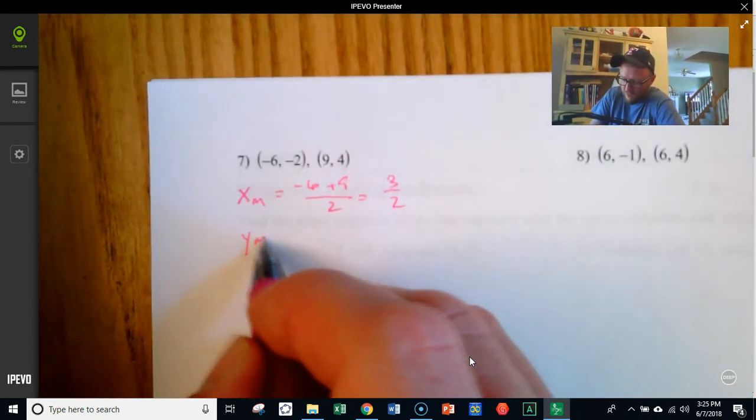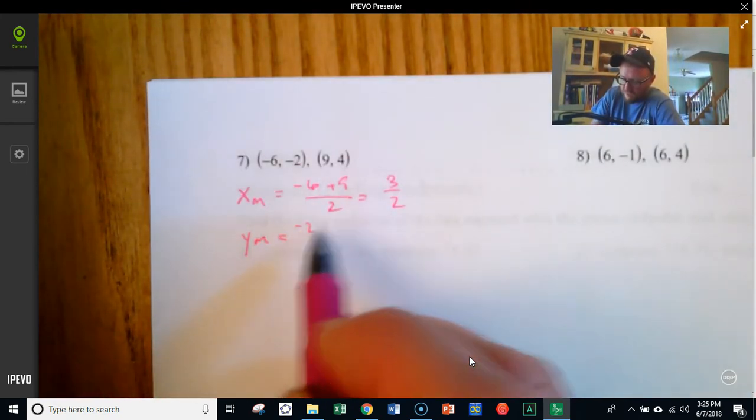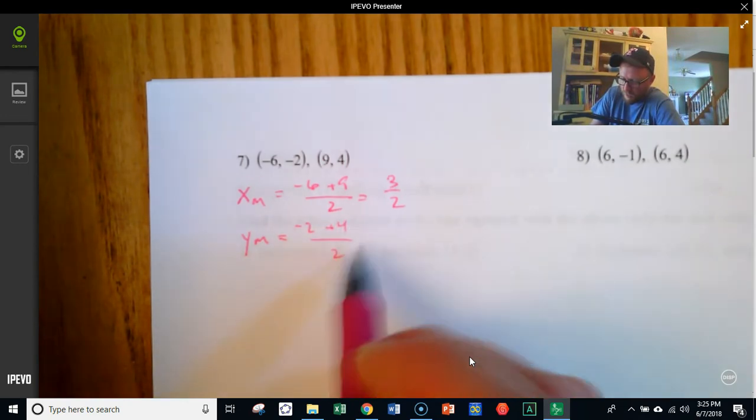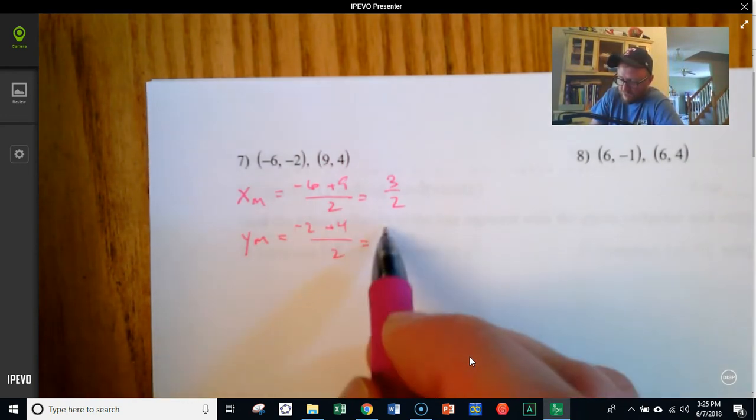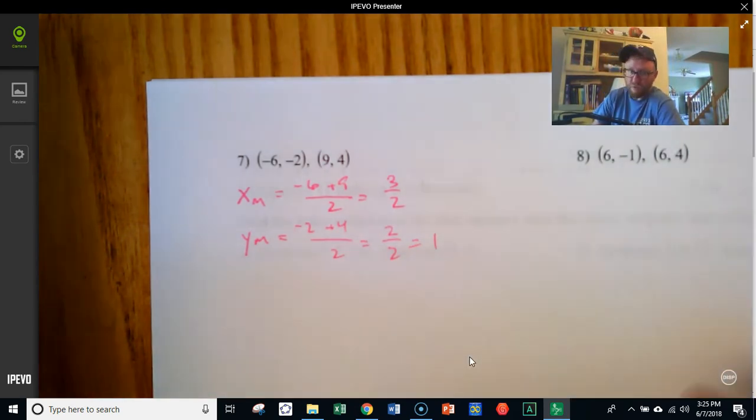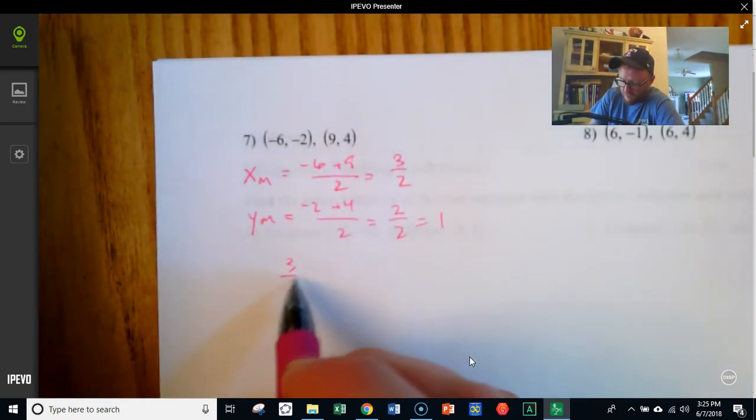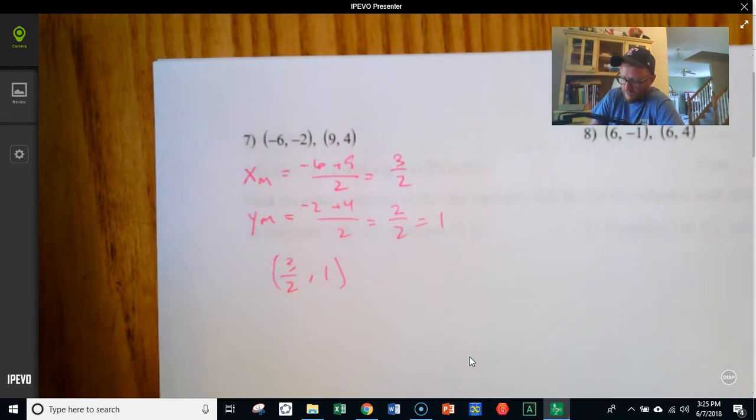And the y-coordinate for our midpoint will be -2 plus 4 over 2, which is 2 over 2, which is 1. So we have 3/2, comma 1.